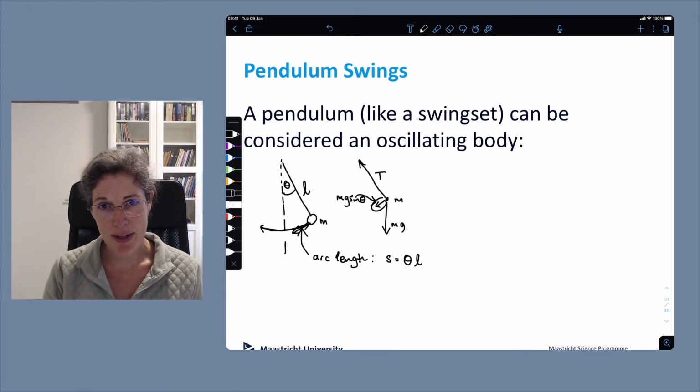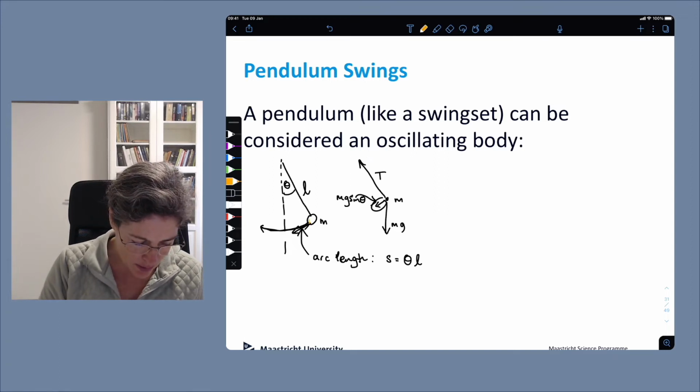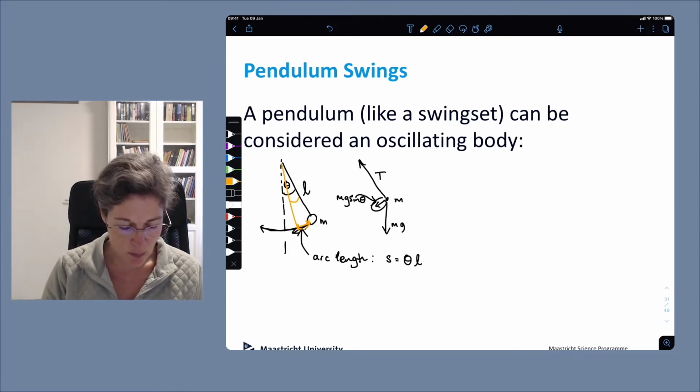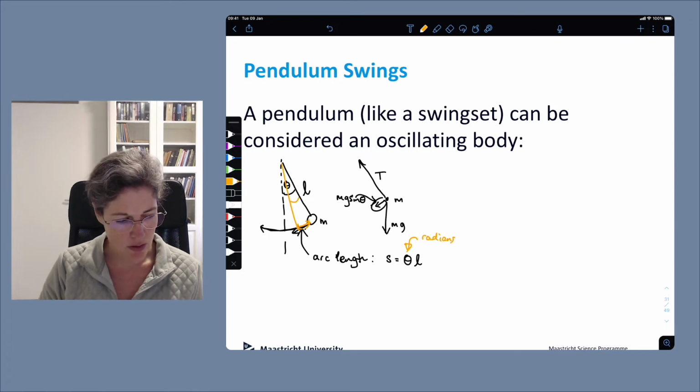You can check if you're feeling rusty with your trig, but the arc length, for example this length here, is given by the change in angle times the length. And this is an important thing, this must be in radians, otherwise this equation doesn't work.